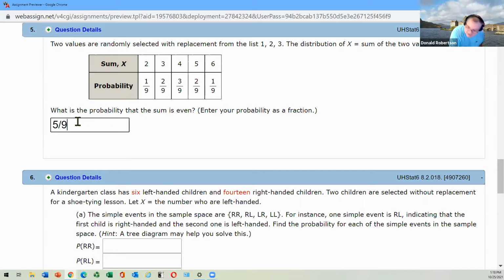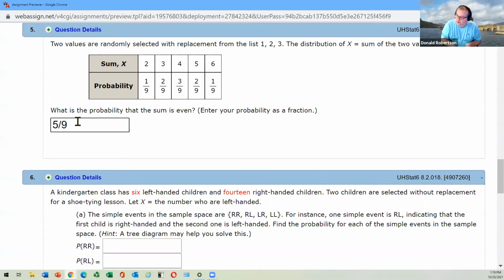Are you happy where that came from? Couldn't I use that table to get the probability that they were even? That they were odd? That they were bigger than 4 or less than 5 or more than or equal to 4 or any kind of combination you like. Isn't it just a matter of looking at the table, finding out the things that you're interested in and adding them up, right?